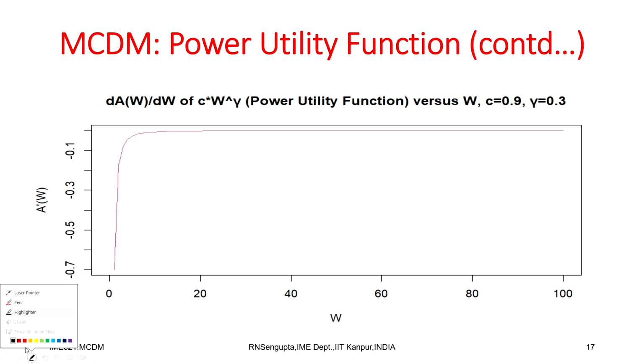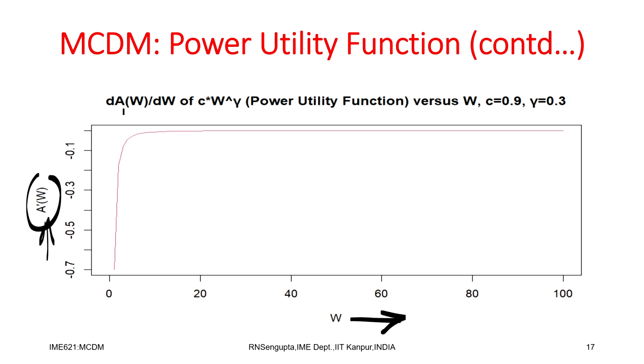First, A prime. So, again W being plotted along the x axis, A prime being plotted along the y axis, and here you have dA/dW, which is A prime for the utility function C W to the power gamma with C value 0.9, gamma 0.3, both less than 1.